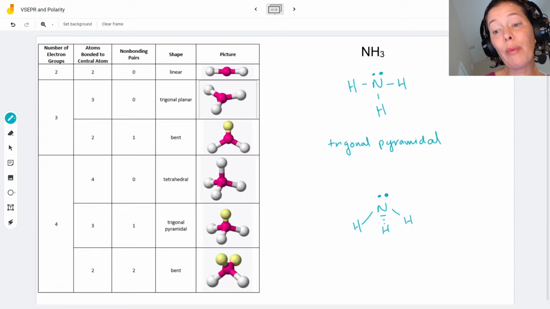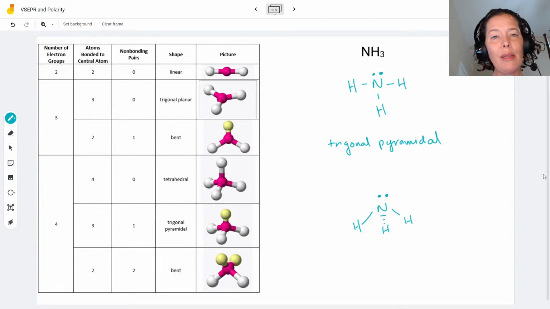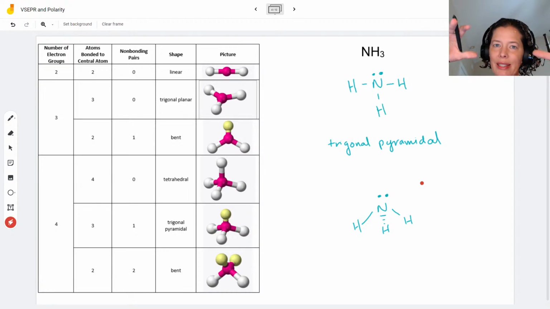because if you remember the general rules we used for VSEPR, the non-bonding pairs take up more space than the bonding pairs. So what this lone pair does, the way I've drawn it, it's on top, is it's going to squash those hydrogens down a little closer to each other.